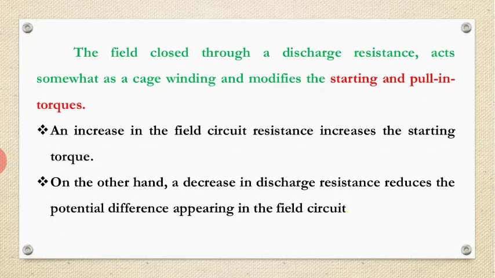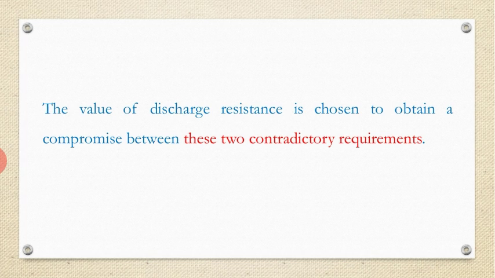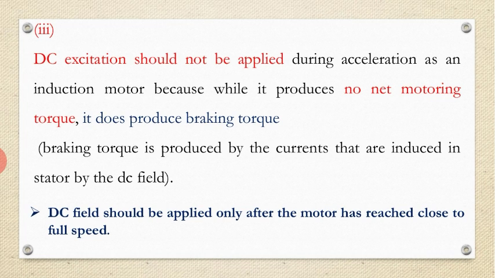On the other hand, a decrease in discharge resistance reduces the potential difference appearing in the field circuit. Hence the value of discharge resistance is chosen to obtain a compromise between these two contradictory requirements.